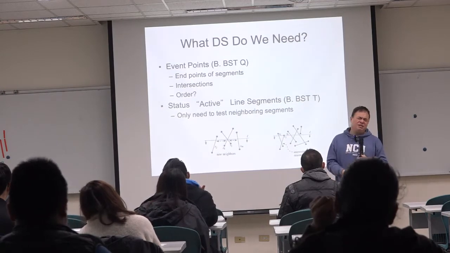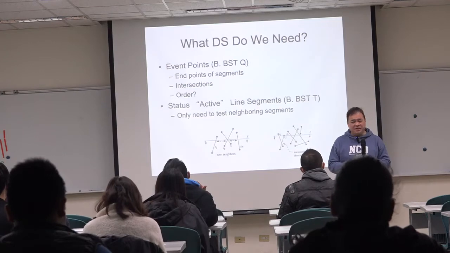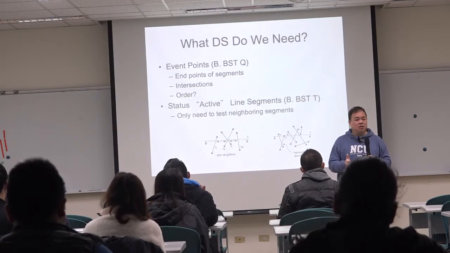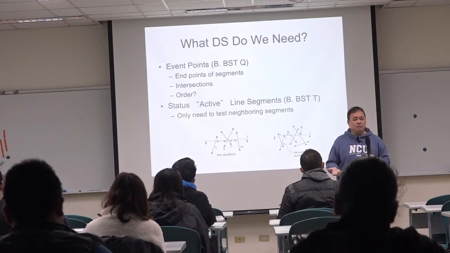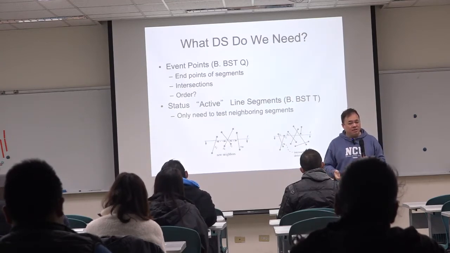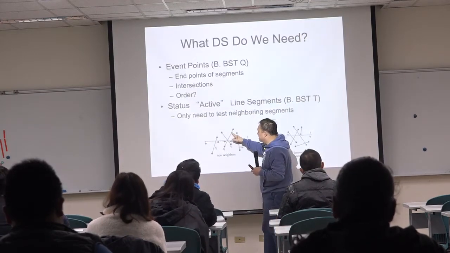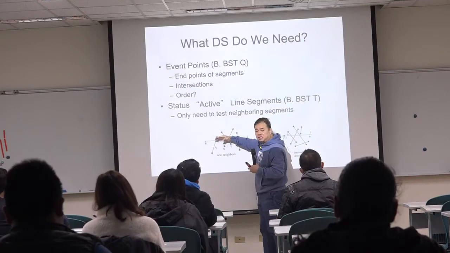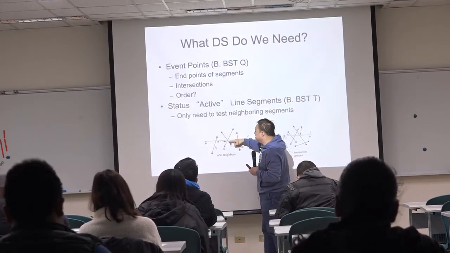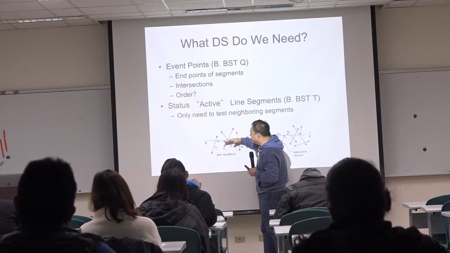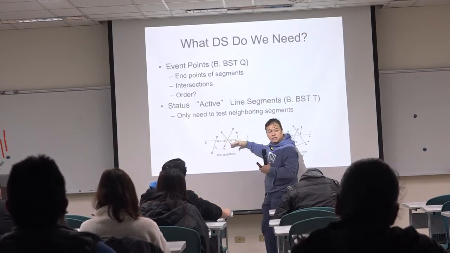It is kind of complicated to maintain this order. What is the easiest way to deal with that? The easy way is to delete these two segments from the tree, and then reinsert them using the right order.